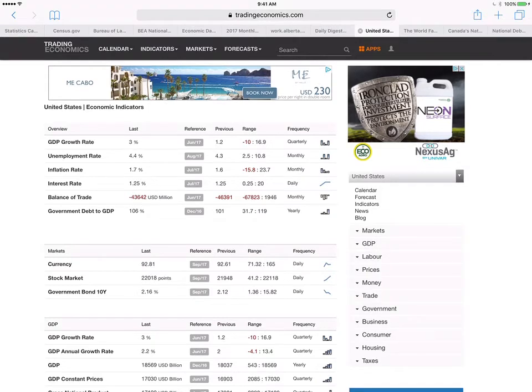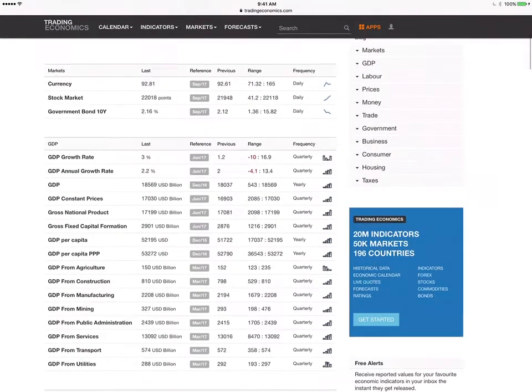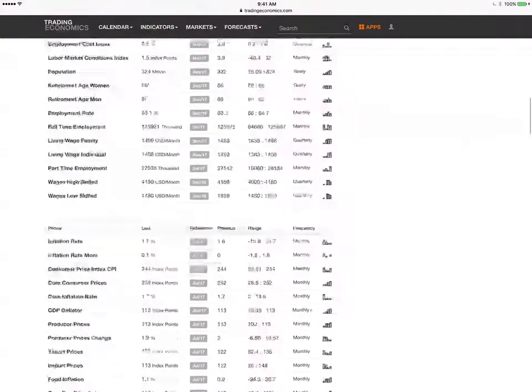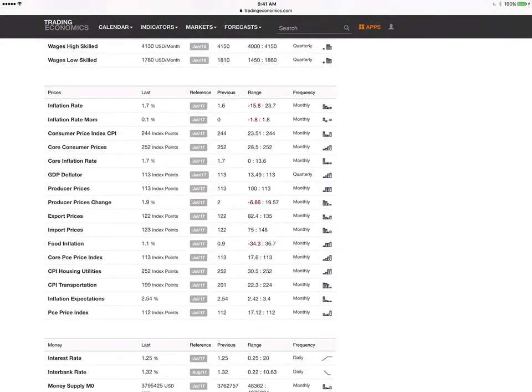Okay. We can see their balance of trade, so we're talking about imports and exports, and we'll talk more about the balance of trade this semester. You can also see their debt, so this is government debt compared to their GDP. And so as you scroll through, there's lots of different economic data here.